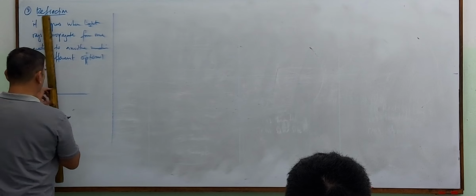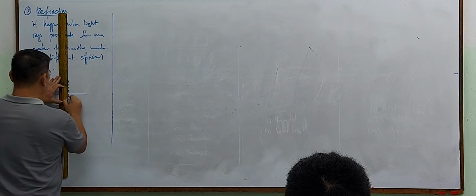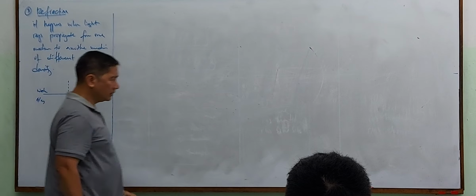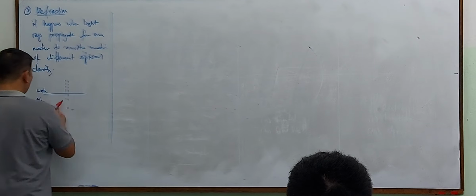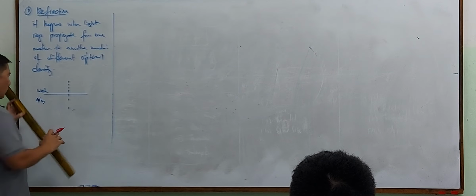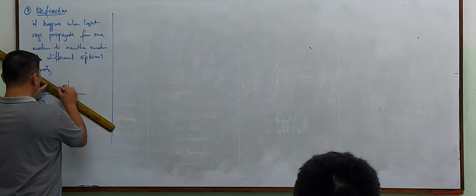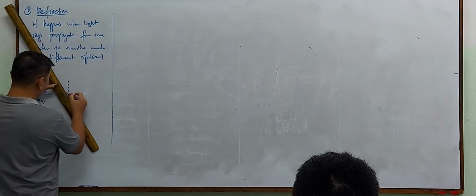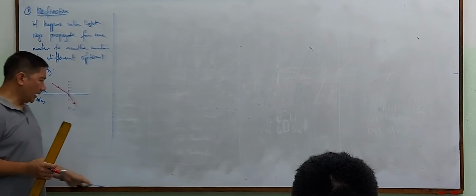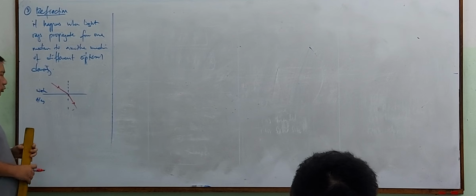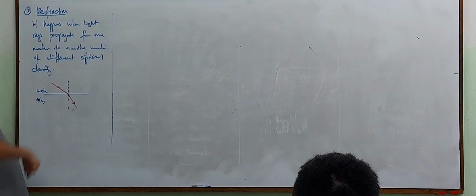So we still need the same normal line. Our light ray, let's say, starts from water. We know that glass is optically denser than water. If it is denser, the light ray actually slows down. That process, or the bending of light at the interface between the two media, is called refraction.